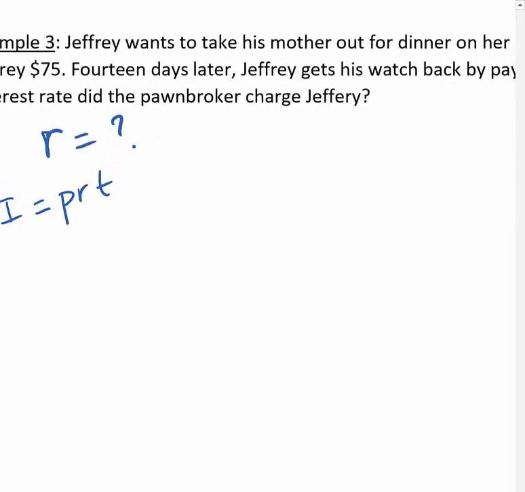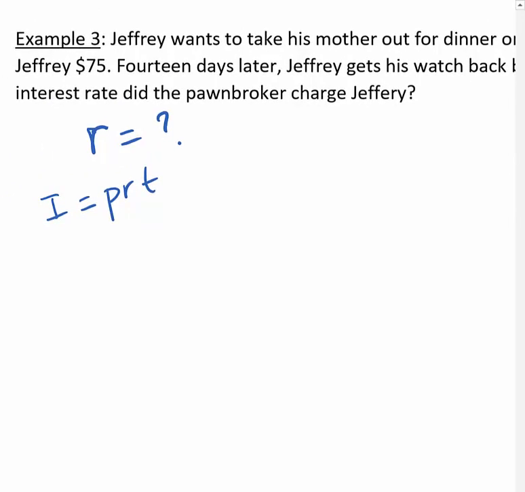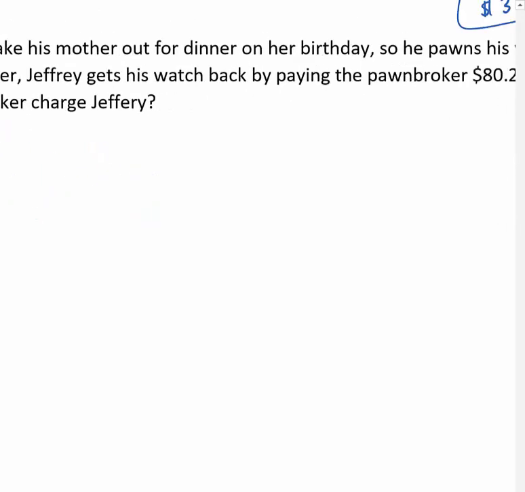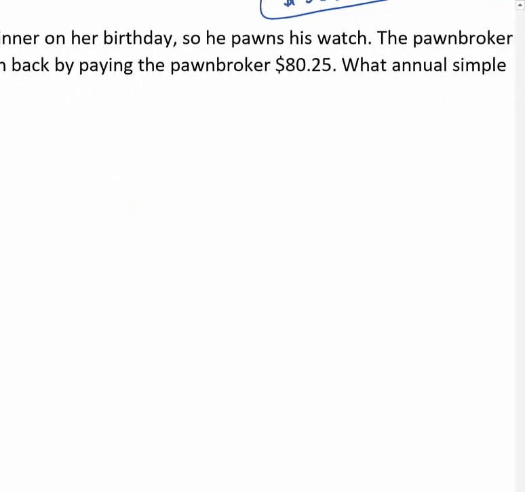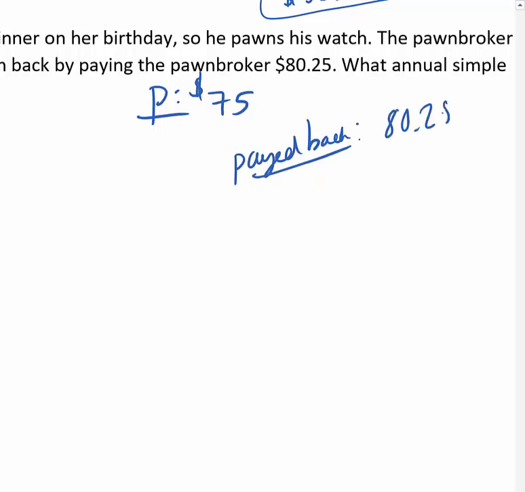So he was given $75. That was a loan. So this is kind of tricky because the principal was $75, but he paid back 80.25. So if you think about it, he paid back the principal plus the interest.